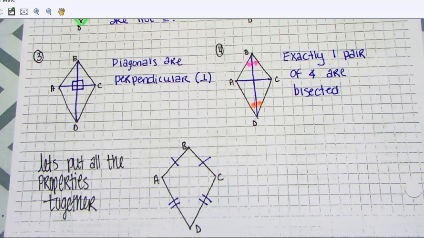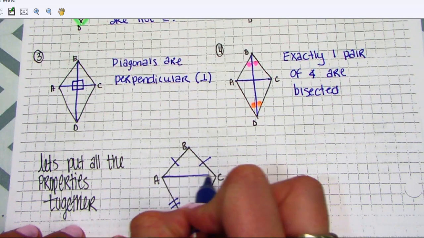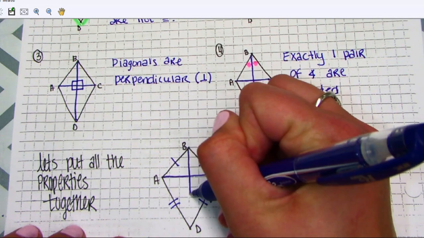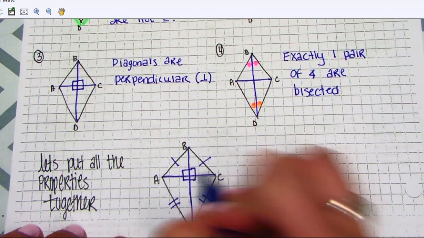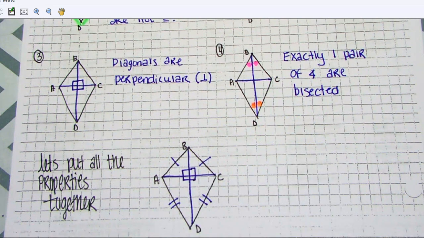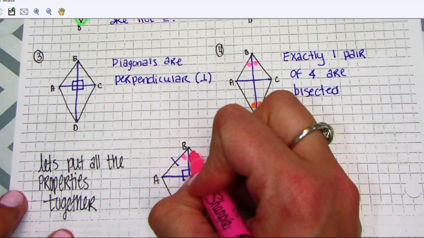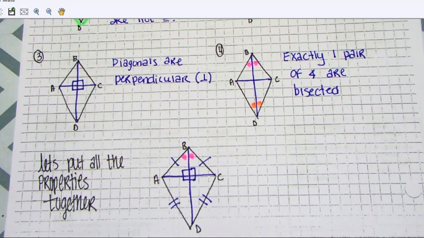That's the first property of your kite. The next property is about the angles, but we'll talk about that after we do the diagonals. The diagonals will cross at 90. Property number 4, 1 pair of angles is cut in half. So we've got these 2 up here, and then these 2 down at the bottom. That line is not very straight, oh well.